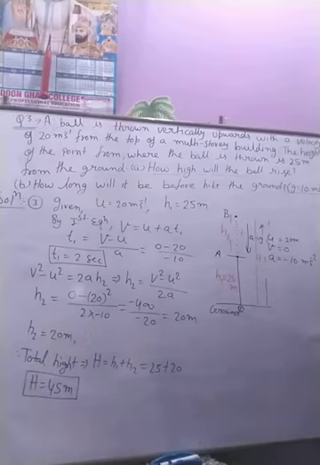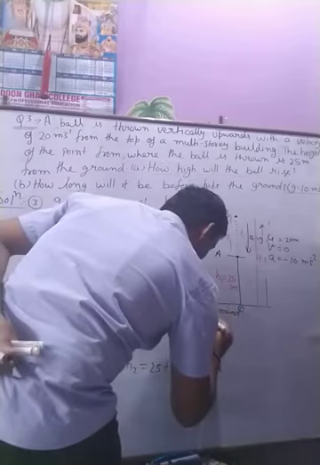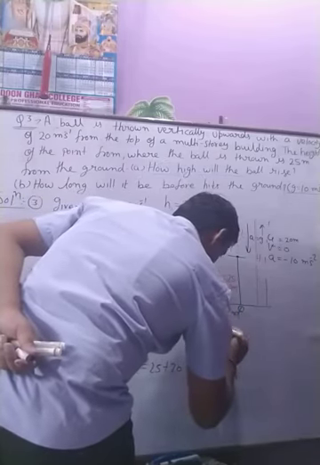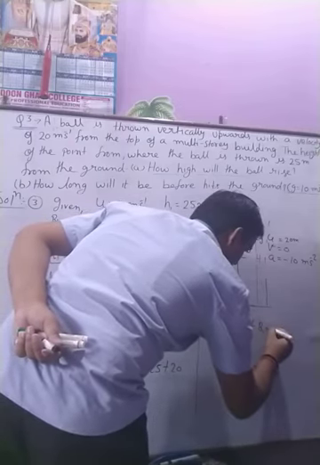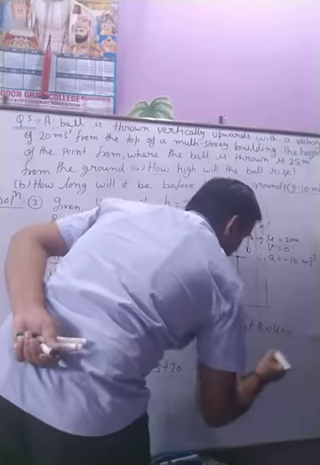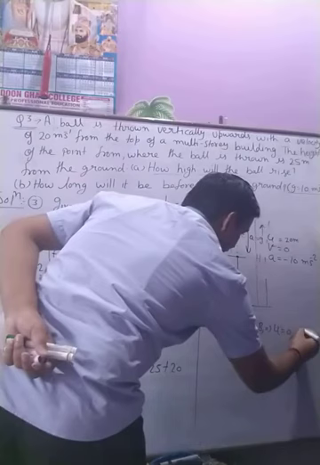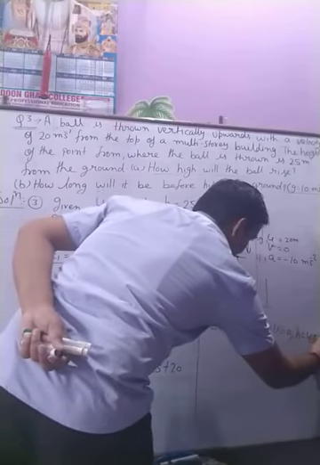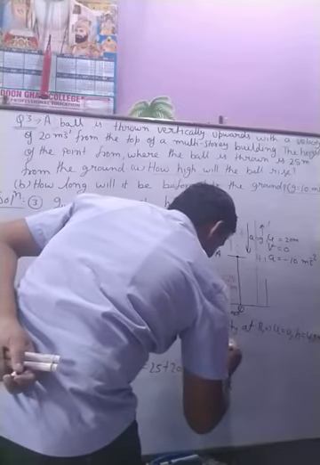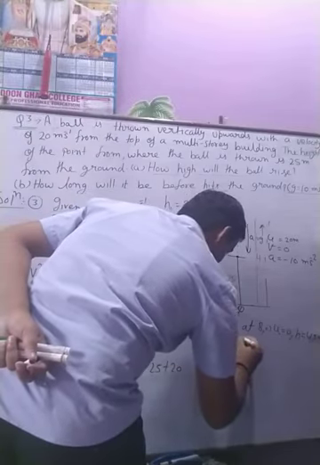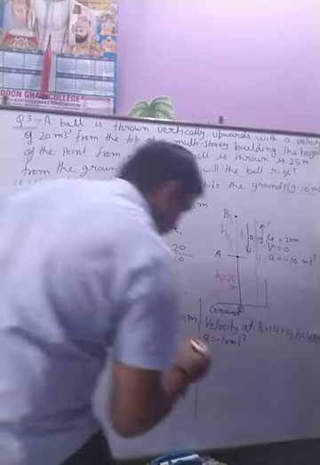So here velocity at B is u is equal to 0. Therefore, distance is 45 meter, acceleration is minus 10 meter per second square, and time we need to calculate.